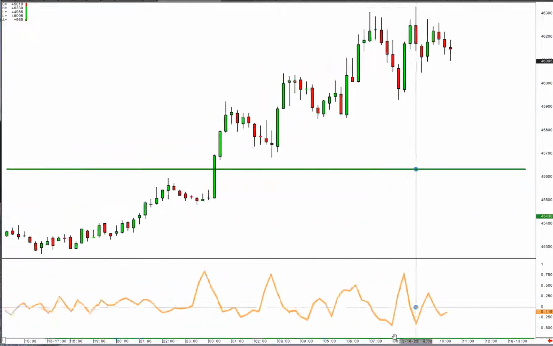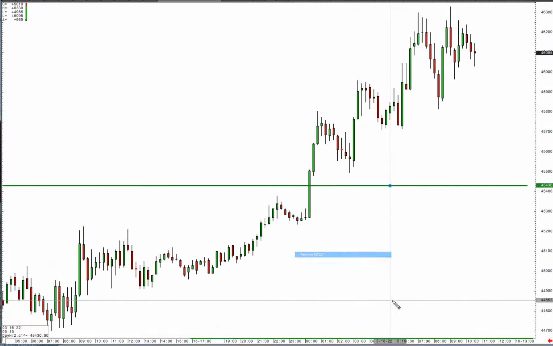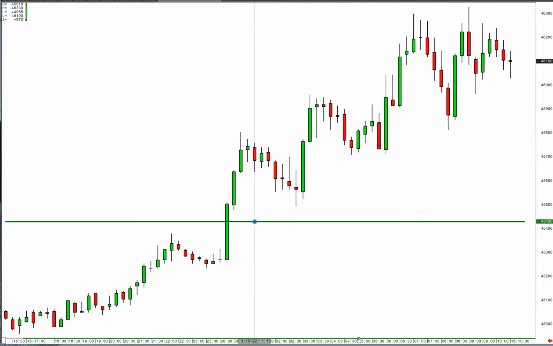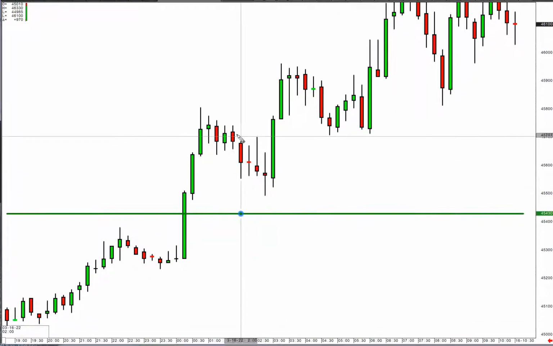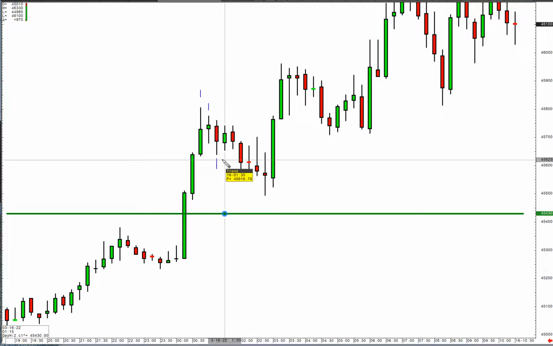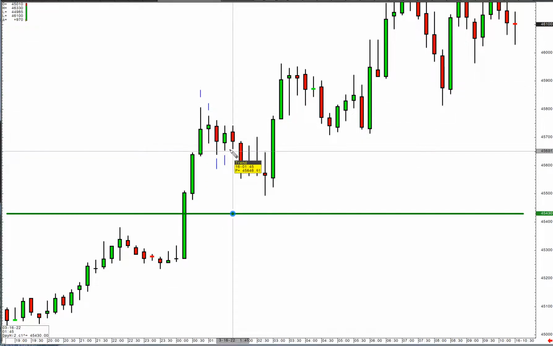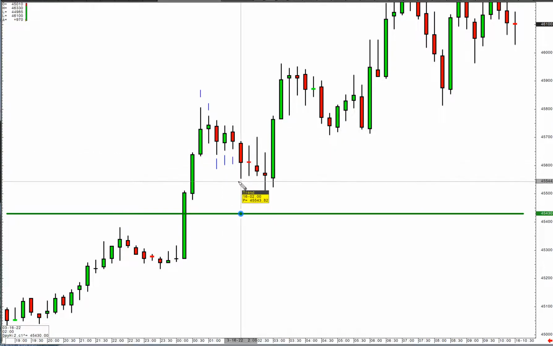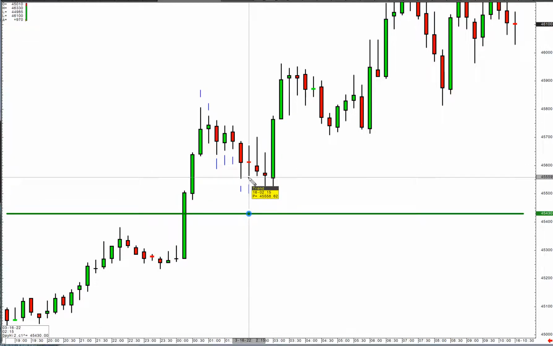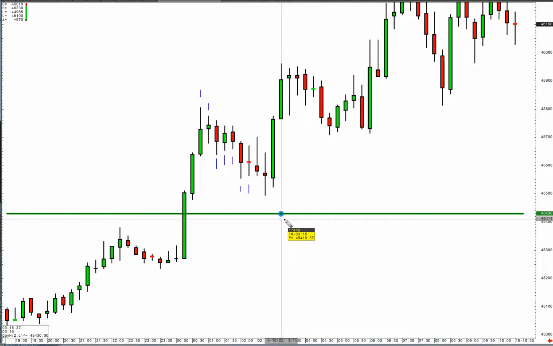Taking that down to a 15-minute, here was our first break. And again, you've got to be real careful in counting these. This is your up, up, down, down, down, down, down. Now, on a bar by bar basis, this would be down, and this would have been one swing down.